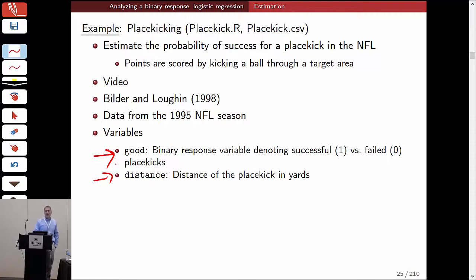And we're simply right now going to look at one explanatory variable, distance. So we're going to try to relate the distance of the place kick to the probability of success. As you might imagine, the farther you are from that target area, or those goalposts, the harder the place kick is going to be, so you would expect the probability of success to go down. Okay?